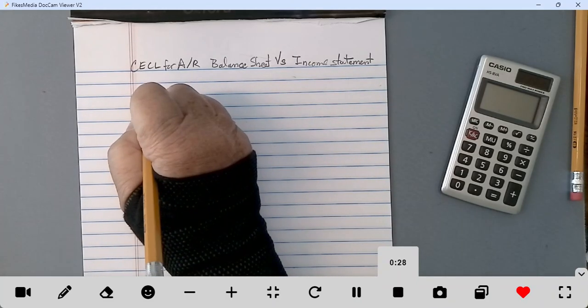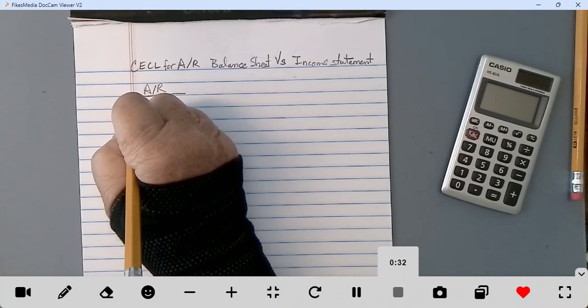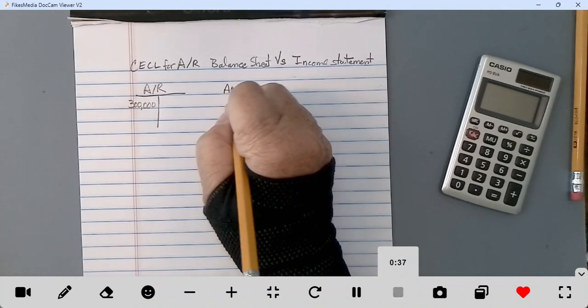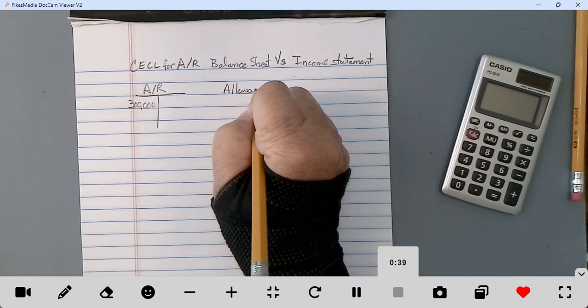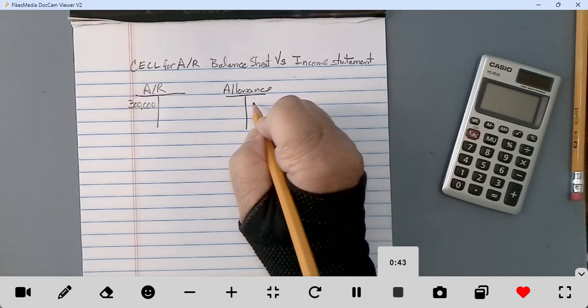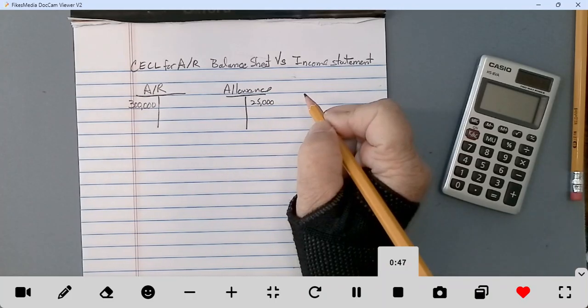So I have an accounts receivable of $300,000 and an allowance account, which normally has a credit balance, and it has a balance of $25,000.